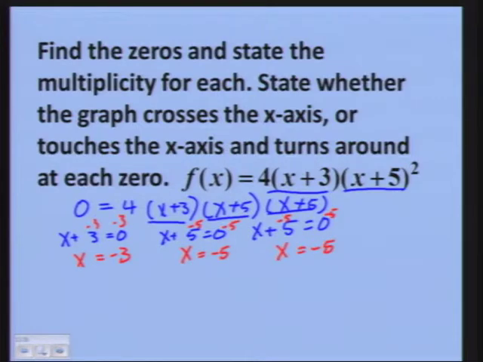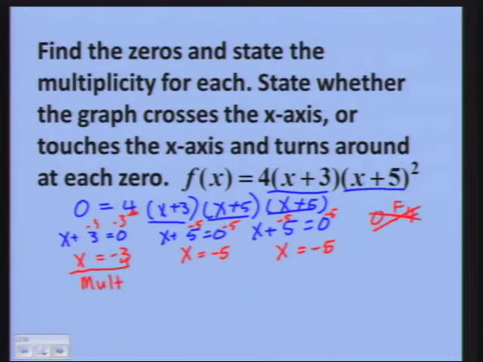Now, it may worry some of you that I didn't let all the factors equal 0. So if that's worrying you, I can let 4 equal 0, but I know that's false. So that didn't find me an x, plus it made a false statement. So you can go through that step if you want to convince yourself that you don't need that. But getting back to our answers, how many times do we have this answer? 1 time.